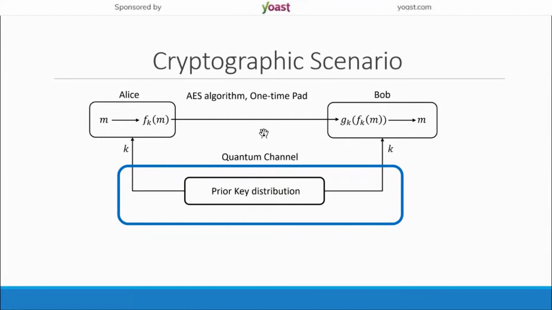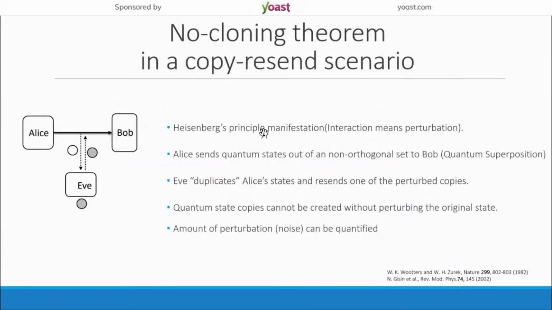So what is the advantage of the use of quantum states? First of all, quantum states can be described by Heisenberg's principle, where when we have an interaction with a quantum state, this means that we perturb the system.